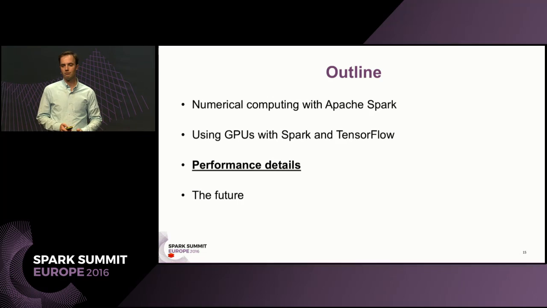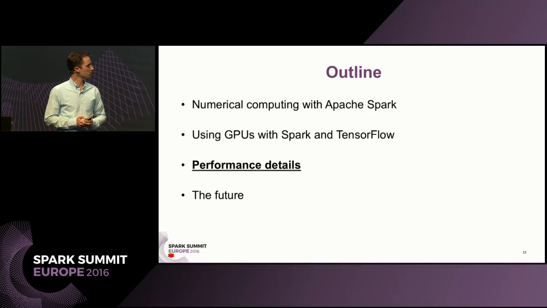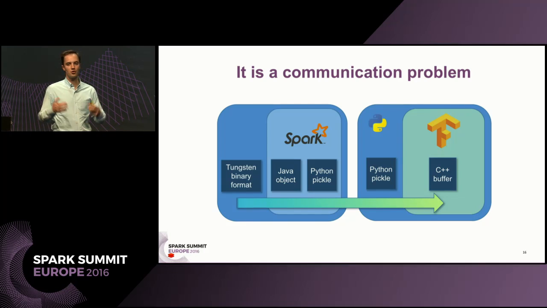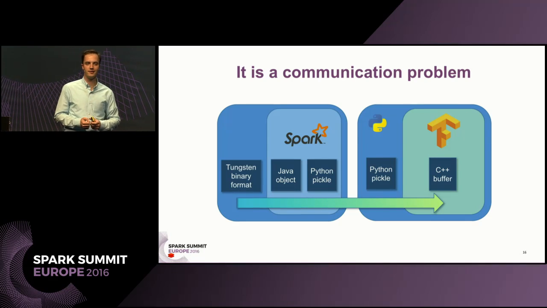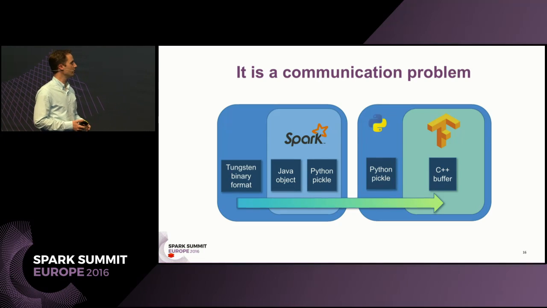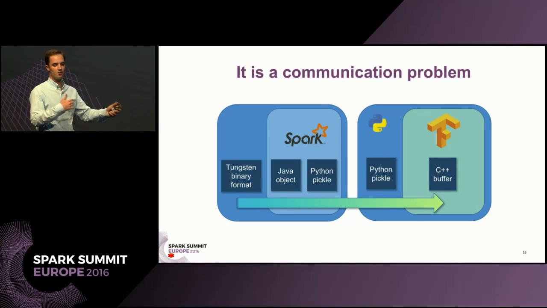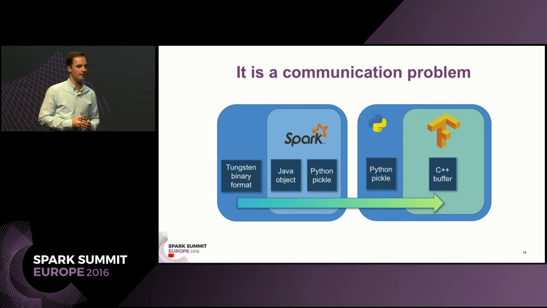Okay, so how does it do in terms of performance? One way to implement this could be simply to take the Python library, send it through PySpark, run the computations, and then get back some results. But if you do that, you'll have fairly bad performance.